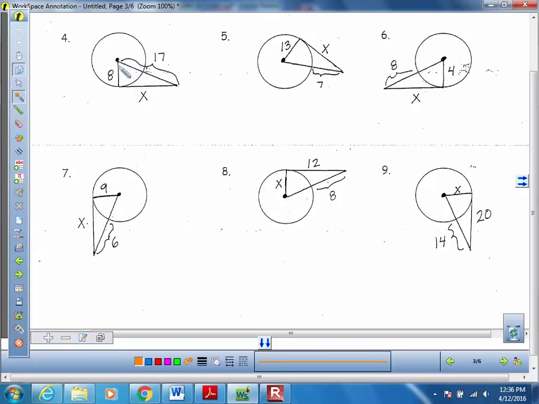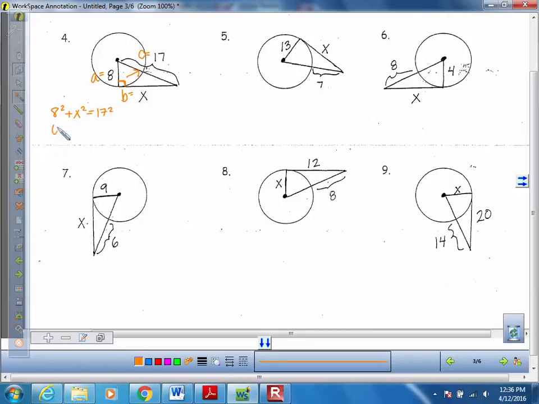Where 8, the radius, and x intersect, so right here. So that means that 17 is my C, and it doesn't matter which one is A or B here. So we plug into our formula. We get 8 squared plus x squared equals 17 squared.